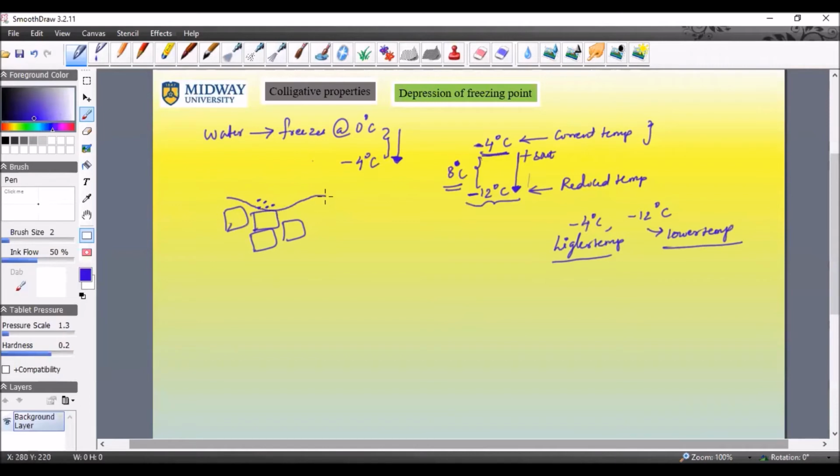Then you give it a couple of seconds, and you would be able to pick up the ice cube sticking to it. Say this is the ice cube that I'm interested in, this is salt, and this is my thread, and you should be able to pick it up.